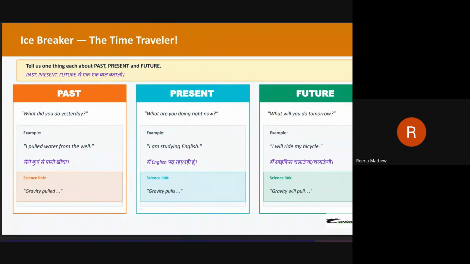Now, let me ask you, what will you do tomorrow? I will go to the market tomorrow. Write the answer to what will you do tomorrow in the chat box. I will play cricket.